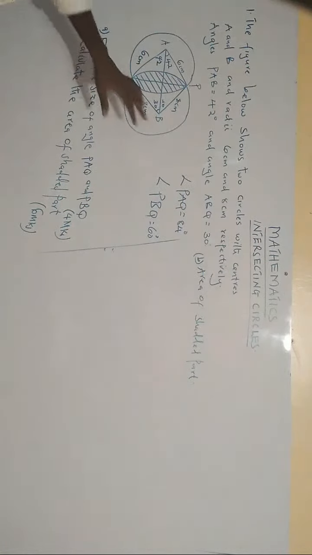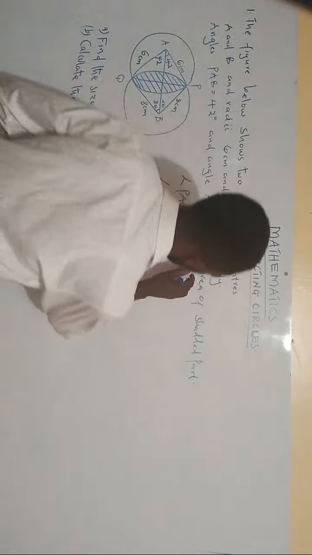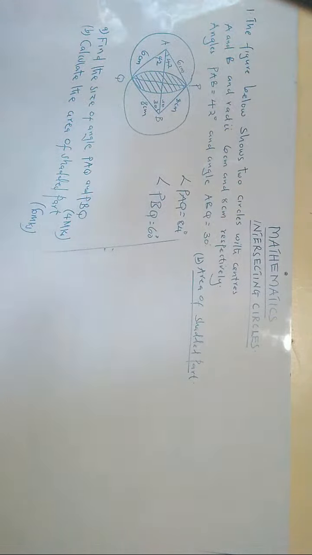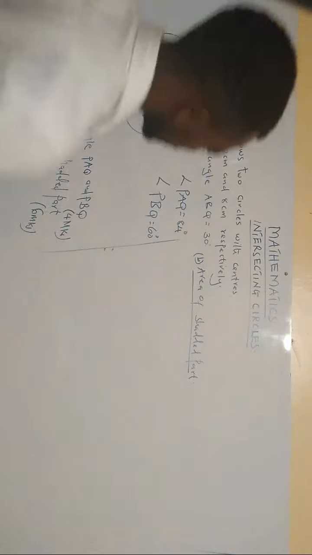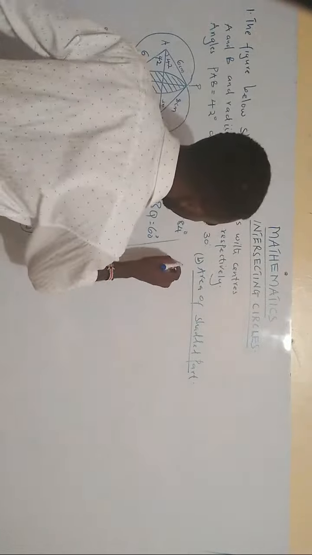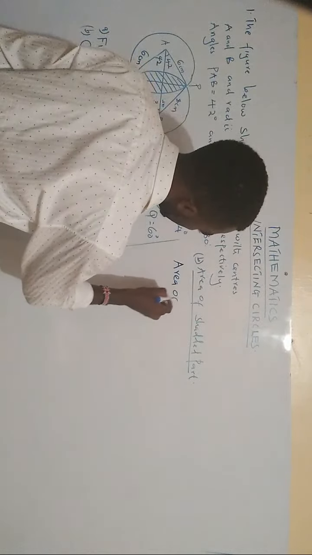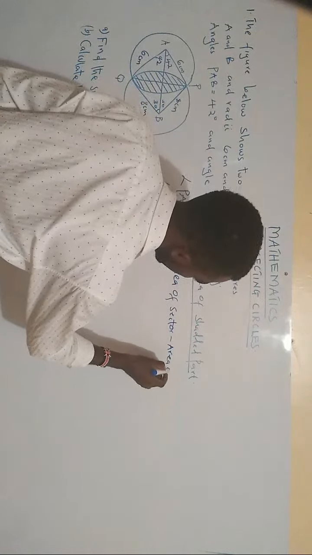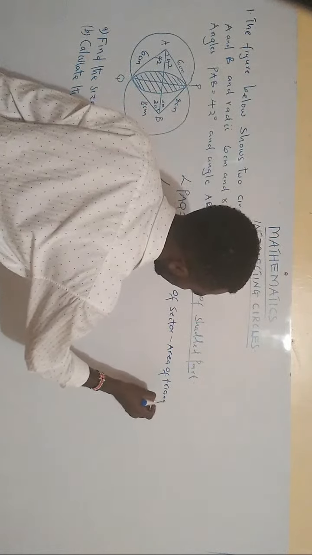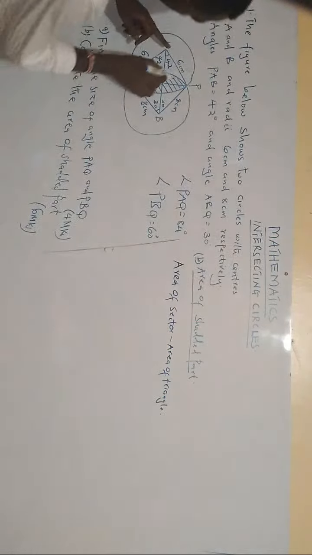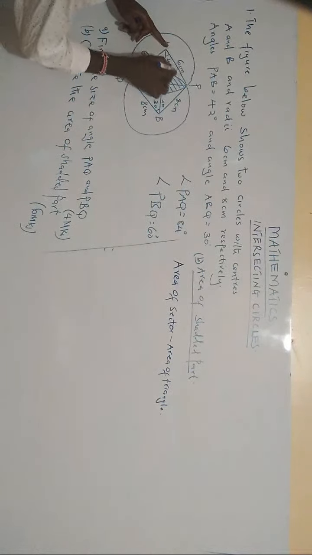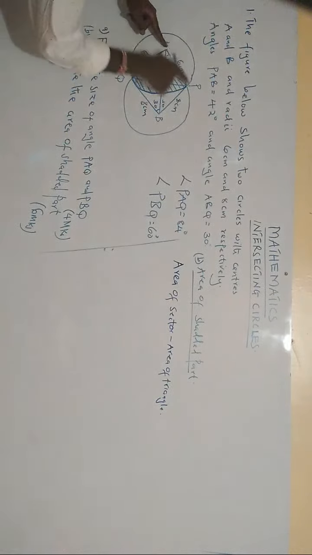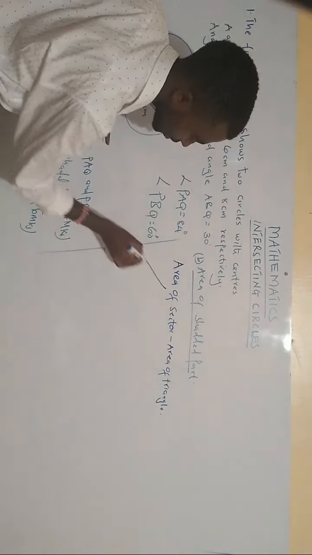So to get the area of the shaded part, we get the area of the sector minus the area of the triangle. We have this sector that way, then we go back this way.